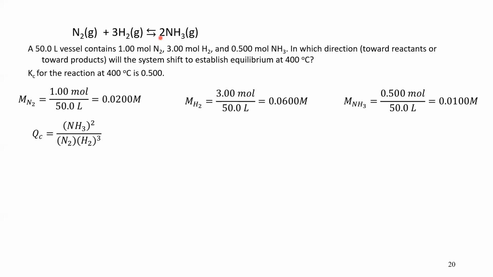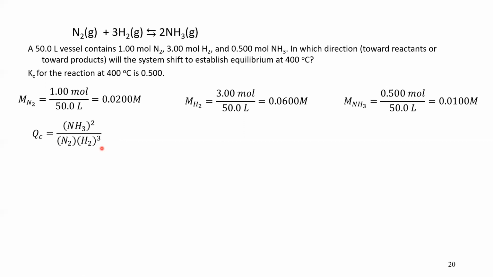You're raising the concentration to the power of the coefficients in the balanced equation. So ammonia squared over nitrogen and hydrogen cubed. If you don't use the coefficients in the balanced equation, you're not going to get the same answer.